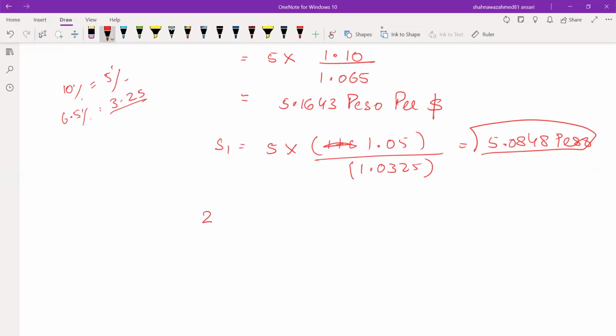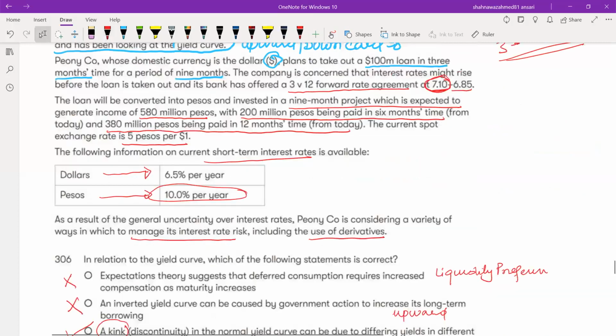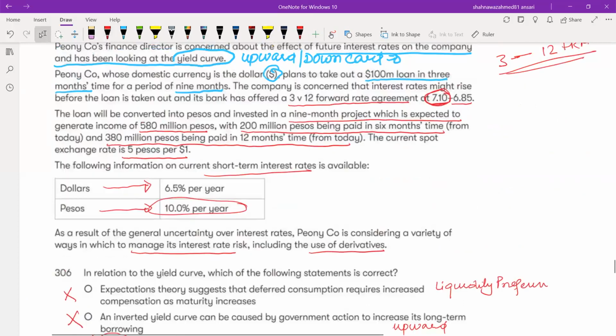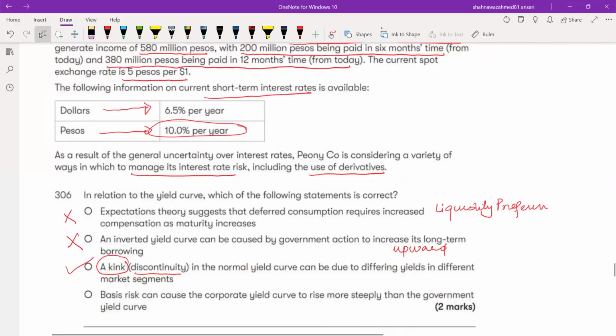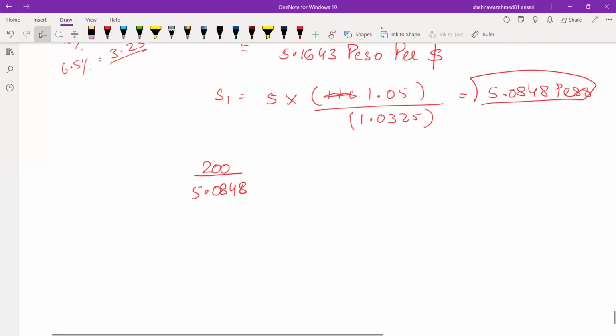Now convert 200 million at 5.0848. 200 million we have to receive in 6 months' time and 380 million we have to receive in 12 months' time. So for the 6-month forward we use 5.0848, and for 380 million we use 5.1643.